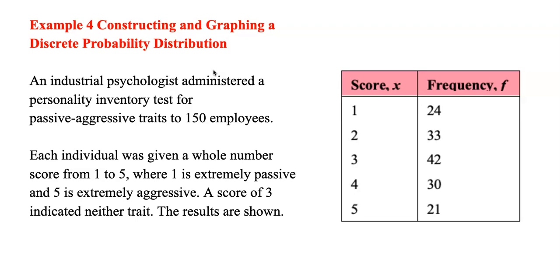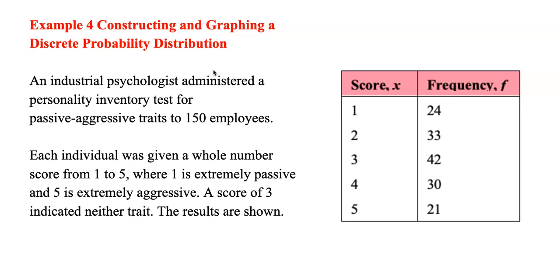Example 4, let's construct and graph this discrete probability distribution. The first 3 that we looked at were theoretical probabilities. Now this one is not. Let's read what this is about. An industrial psychologist administered a personality inventory test for passive-aggressive traits to 150 employees.